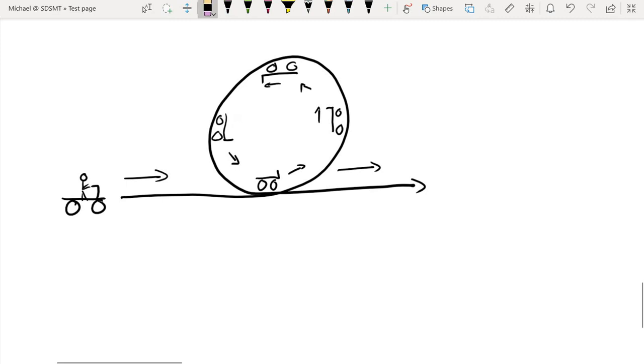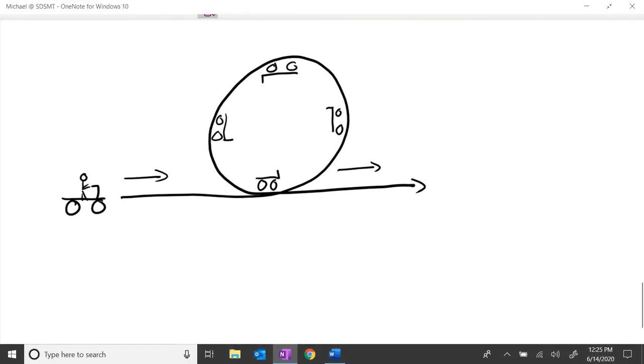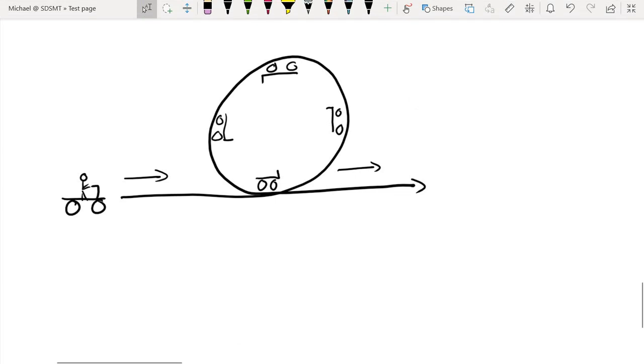But that means that if we're going to be traveling in this circular path, there has to be a centripetal force that is pushing the bike towards the center of the circle. Well, let's see what that might be.